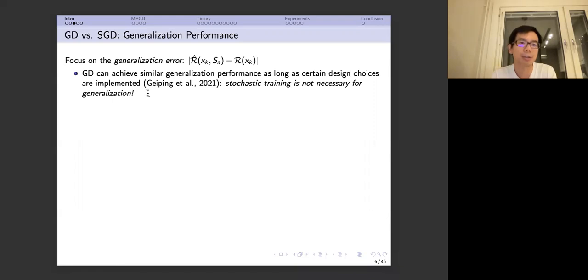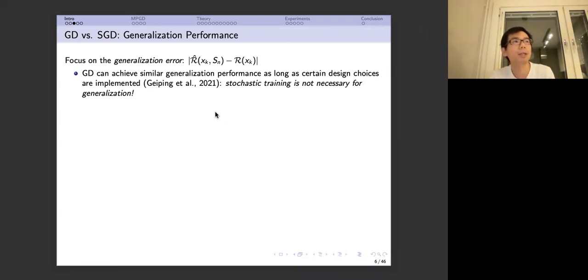There is a recent paper that shows a very interesting finding: in fact, full batch gradient descent can achieve similar generalization performance as long as certain design choices are implemented. This basically says that stochastic training may not be necessary for generalization.